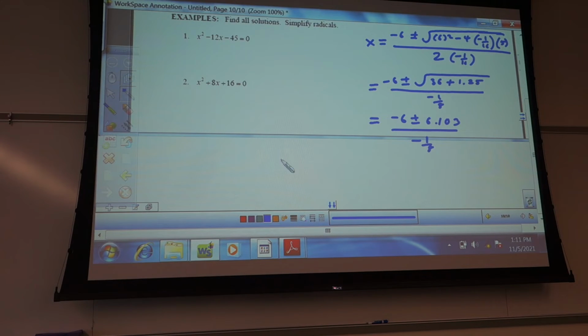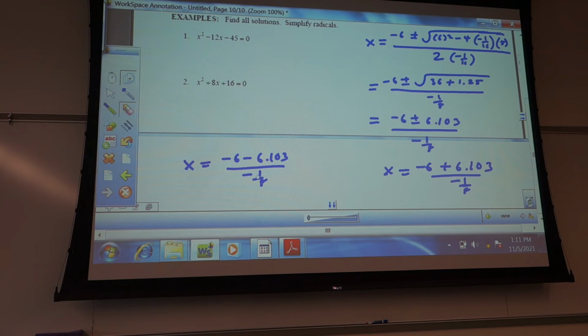I'll have x equals negative 6 minus 6.103 over negative 1/8, and I'll have x equals negative 6 plus 6.103 over negative 1/8. While I'm here, I'm just going to find negative 1/8 in my calculator, and that ends up being negative 0.125. It just makes my life easier.